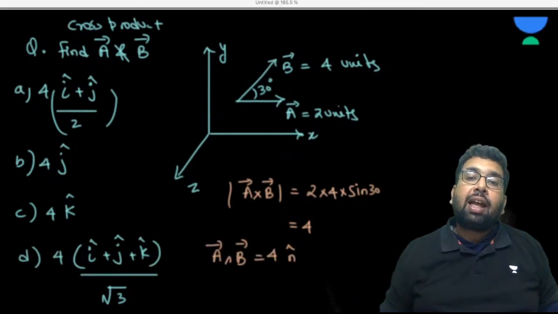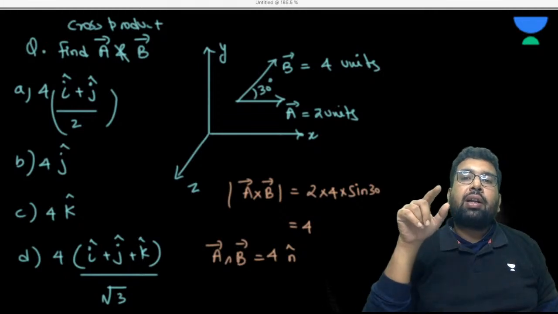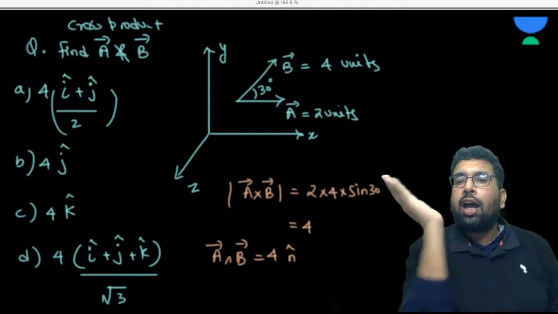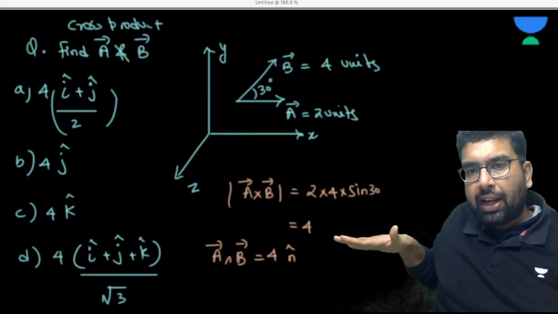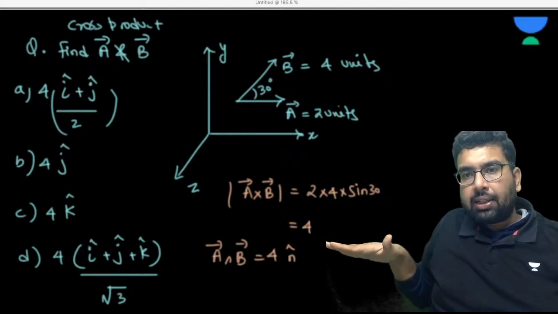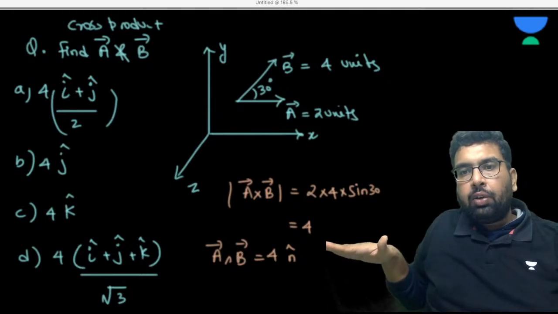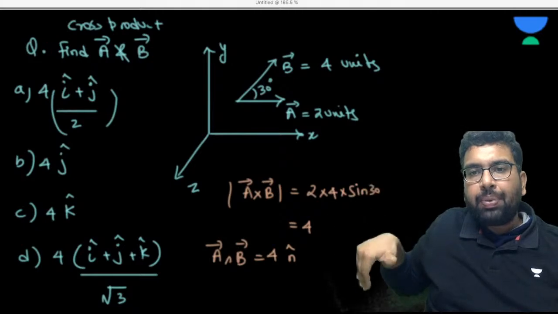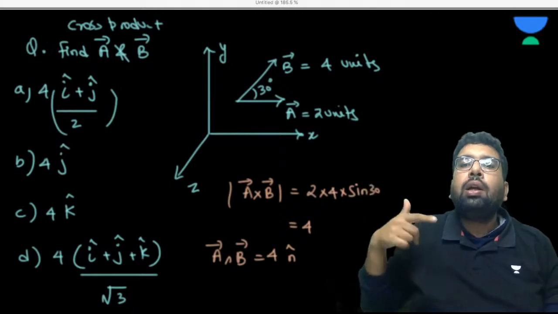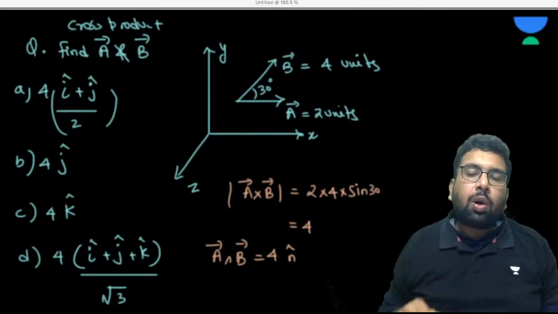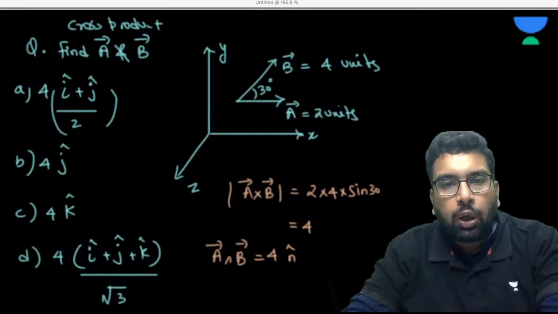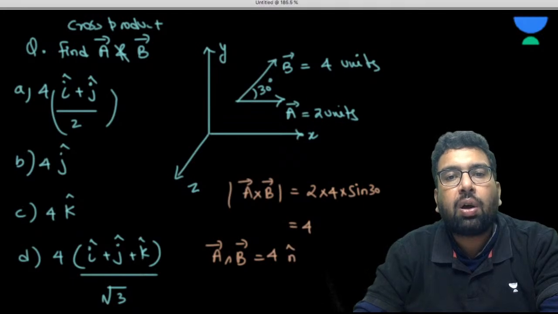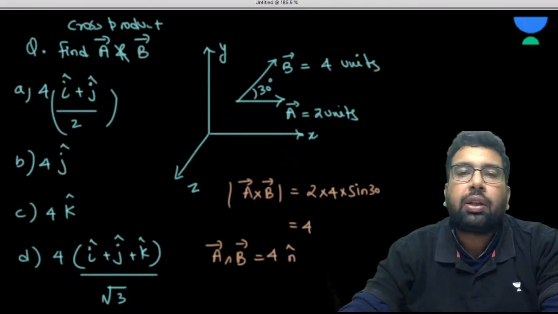Now, if they had asked what is vector B cross vector A, in that case your thumb would have gone the reverse way, like this. Are you getting my point? So when this happens, you are curling your finger from B to A and the thumb points towards the screen, towards your copy, or away from you. That means that is minus K. So what is going to be the answer?